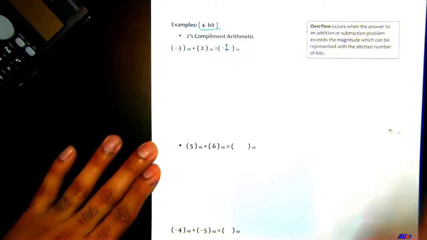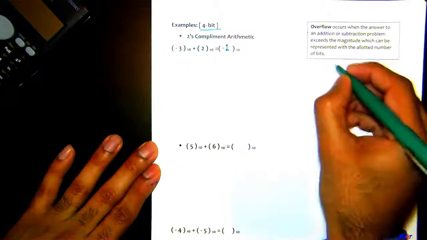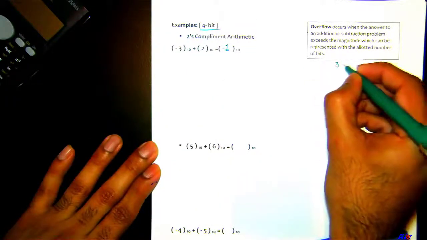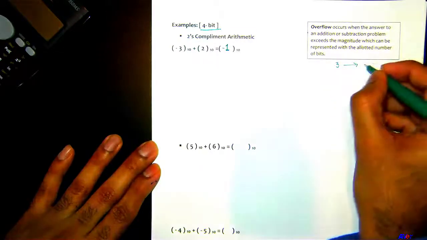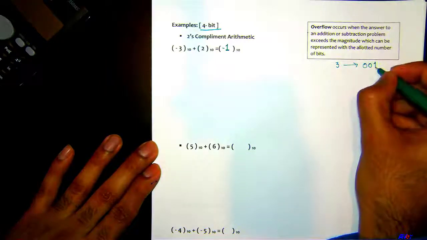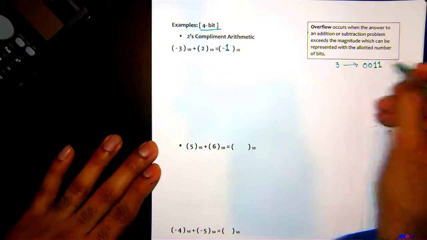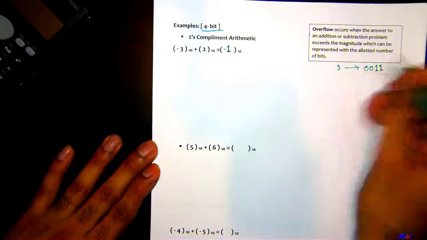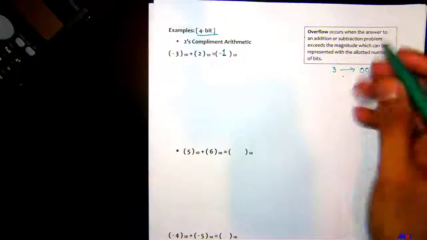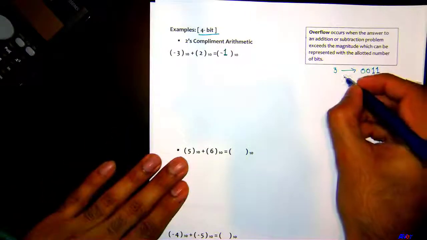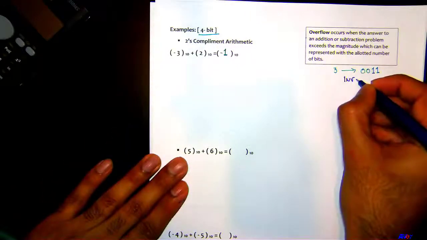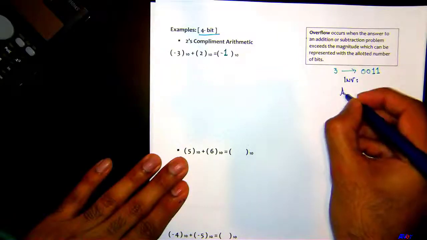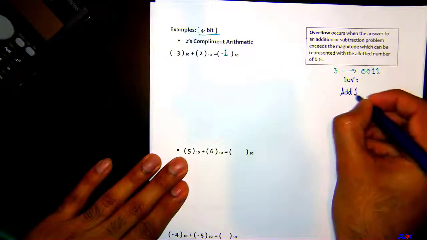Because this is -3, and 3 is equivalent to 0011, that's the 4-bit code for it. We have to take the 2's complement of it, right? So the first step includes inversion, and the second step would include add 1.